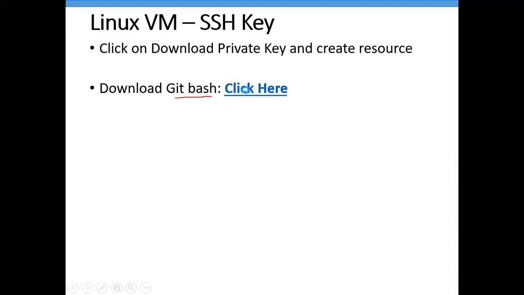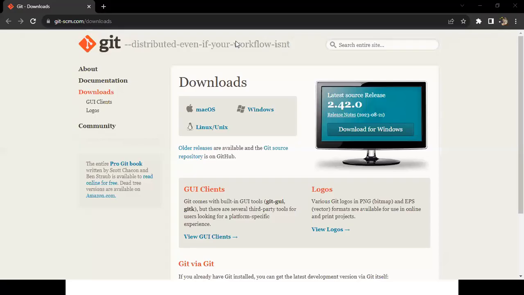I've given the website link also, from where you can download Git Bash. Let me share that link in the chat box. You can download it for Mac, Windows, or Linux. I'm using the Windows operating system, so I'm going to click on Windows.